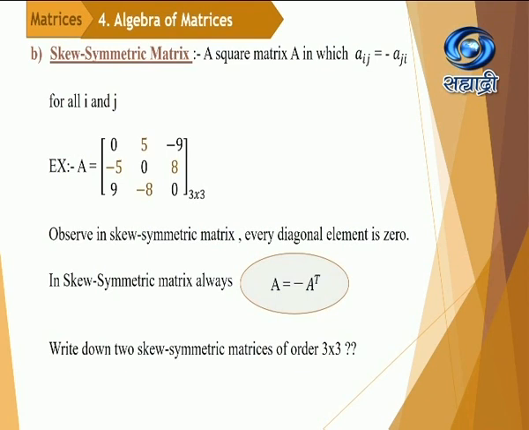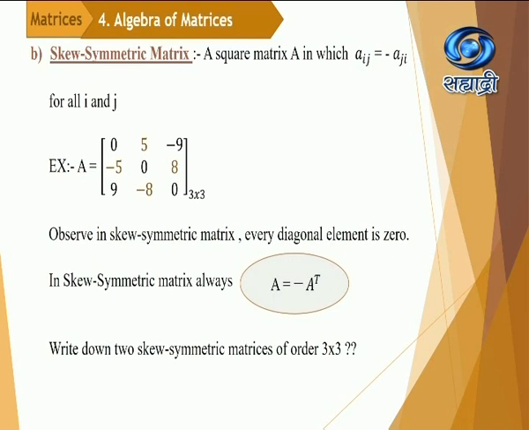Skew symmetric matrix: a square matrix A in which Aij equal to minus Aji for all i and j. A is equal to 0, 5, minus 9, then minus 5, 0, 8, 9, minus 8, 0. Here you can easily observe that the opposite position element is negative in number.